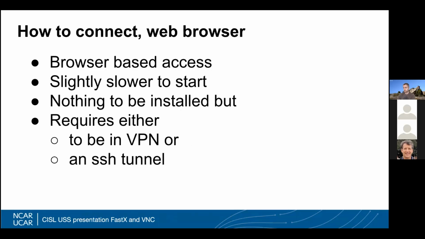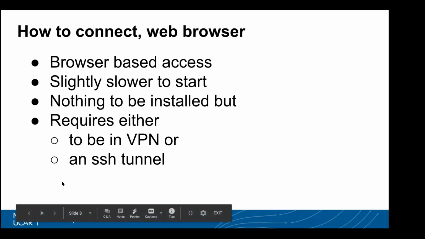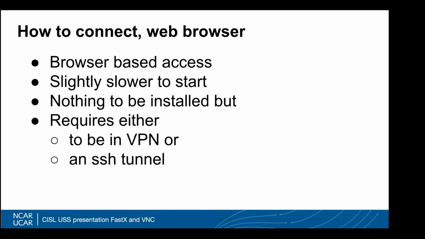It is slightly slower to start. That is, when you initiate the connection, it takes a couple of seconds more to begin. But it requires VPN, meaning either directly accessing through VPN, or you need to establish an SSH tunnel and then start it. Either of these steps is not a huge deal, and I will explain later.